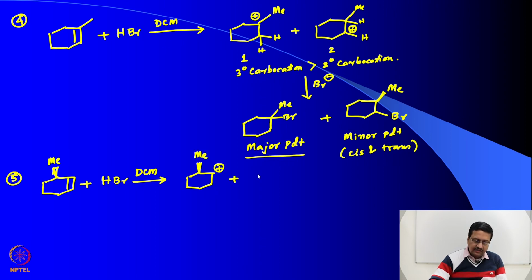One is this and the other one is this one. Both of them are 2-degree carbocations. So technically these two carbocations will have similar stability.